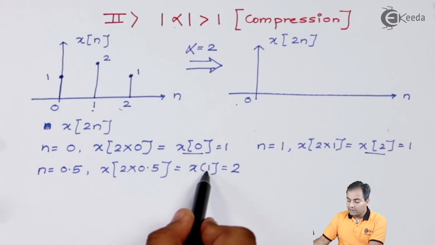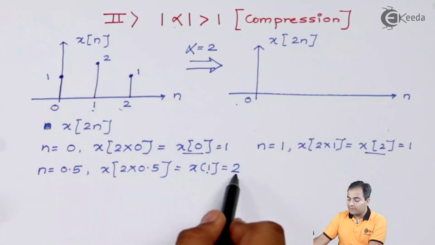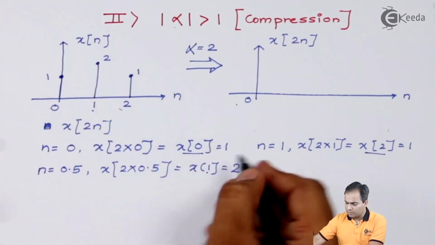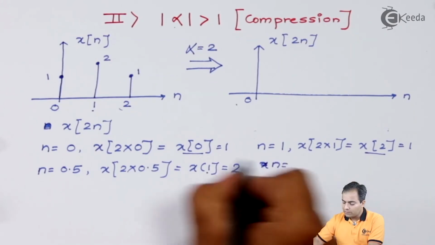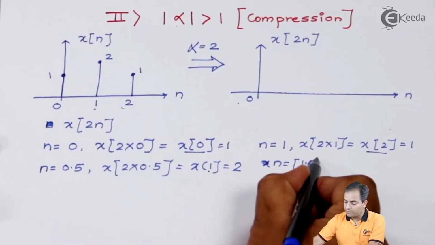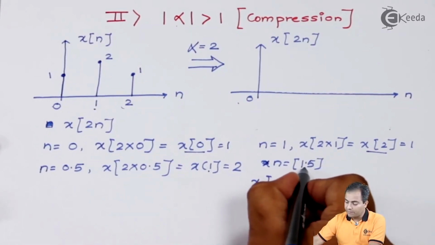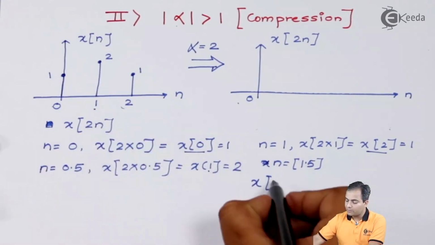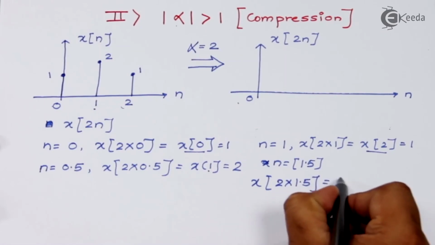I'll repeat. This is the place of n. So at n equals to 1, x of n is having amplitude 2, that's why I've written 2. Now if we substitute furthermore, already we have taken 1, so if I substitute 1.5, 2 into 1.5, what you will get? X of 3.